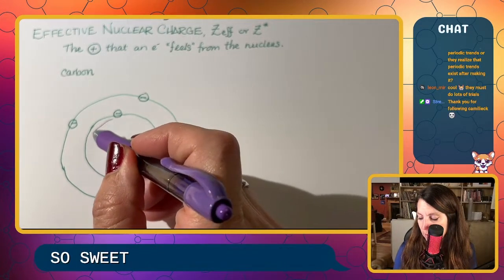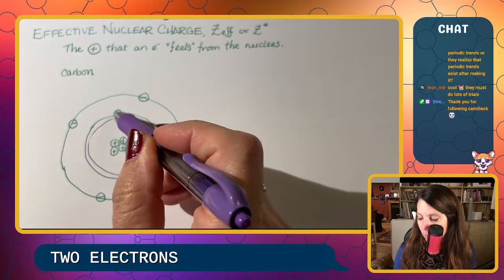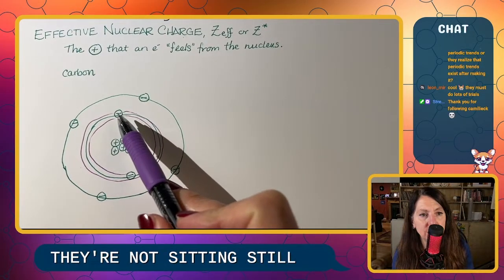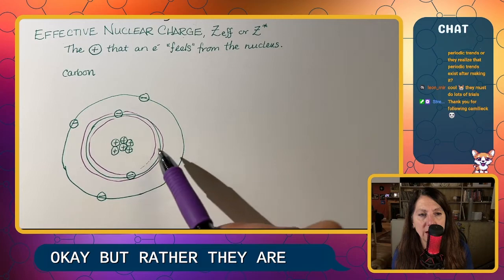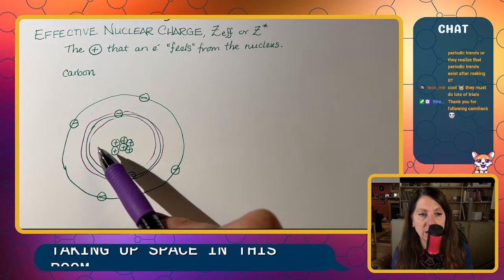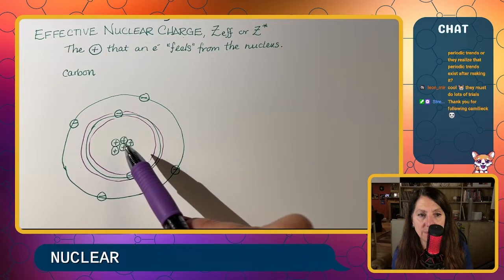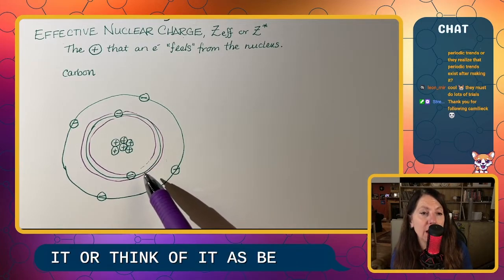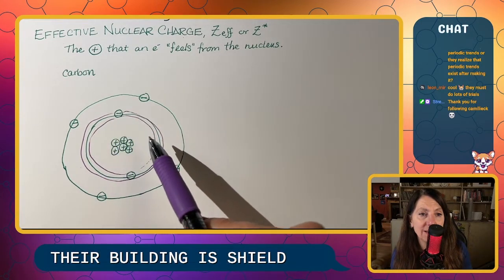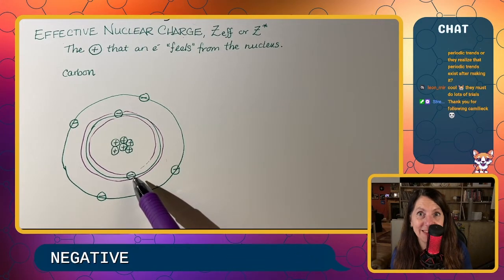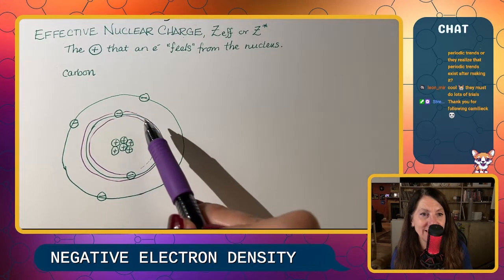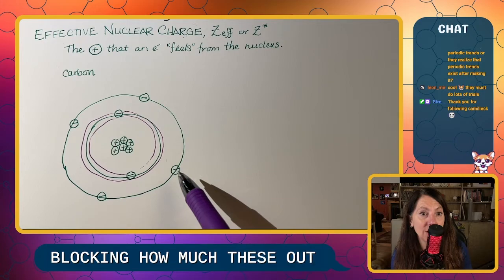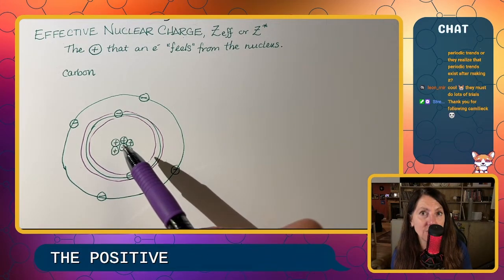If we think about these 2 electrons and we consider that they're not sitting still, but rather they are taking up space in this region that's closer to the nucleus, you could think of them as building a shield of negative electron density that is blocking how much these outer electrons can feel the positive charge.